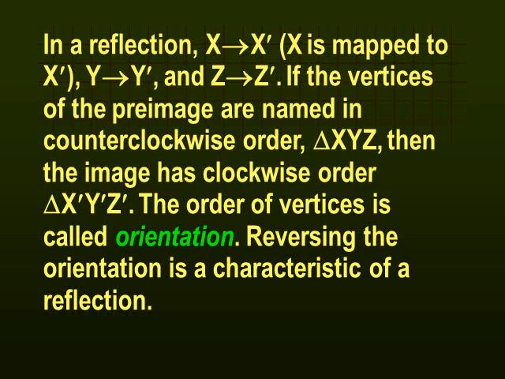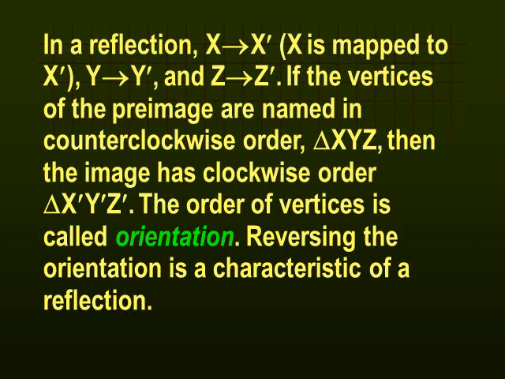If the vertices of the pre-image are named in counterclockwise order, then the image has to be in clockwise order. The order of the vertices is called the orientation, and reversing the orientation is a characteristic of reflection.